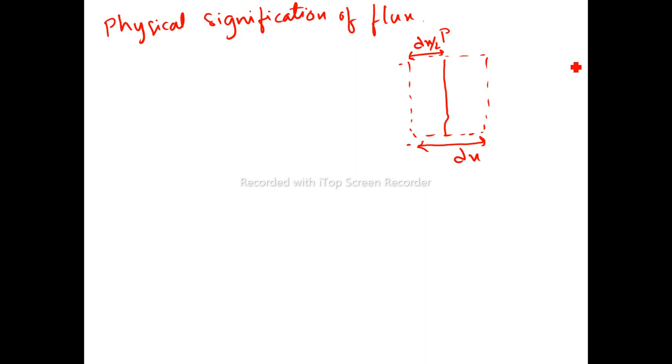We are having the laboratory fixed frame of reference outside; this is the laboratory frame of reference. Consider that Ci amount of component will pass through the distance dx, and the frame of reference is placed at the distance of dx by 2 as shown in this figure.